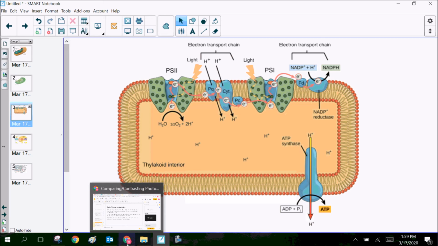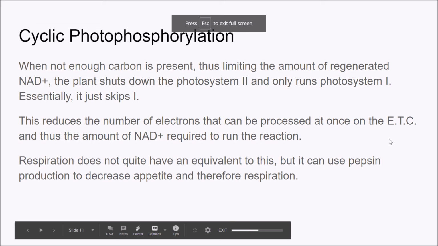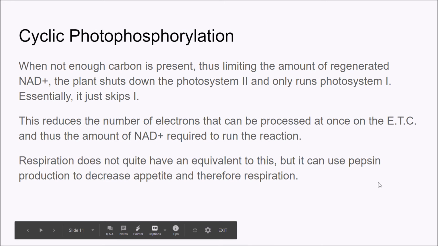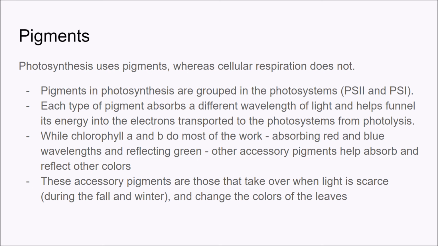So cyclic photophosphorylation is how plants deal with this. Remember that leptin production in respiration is how they dealt with that. And I said pepsin, excuse me, I meant to say leptin. Leptin production decreases appetite in respiration and slows it down. And in plants, we use cyclic photophosphorylation to just run PS1 and to slow down the process.